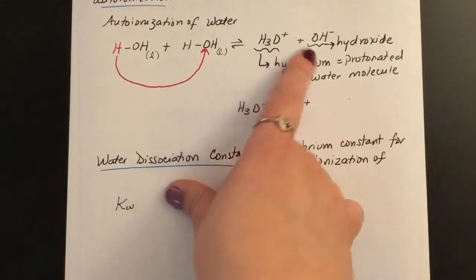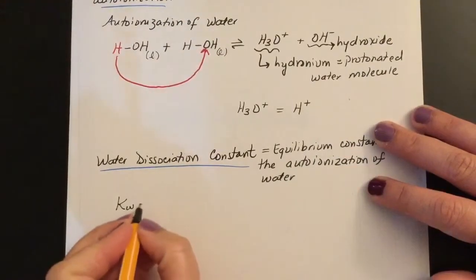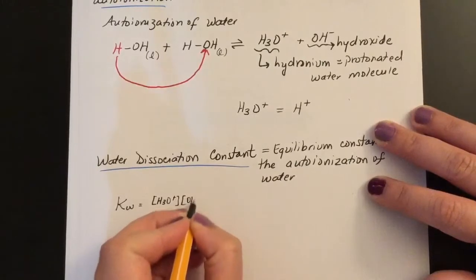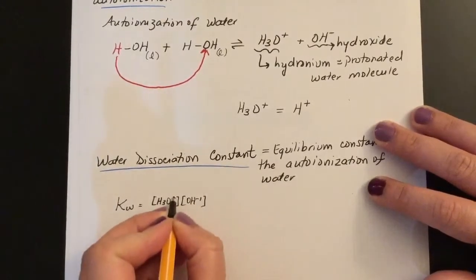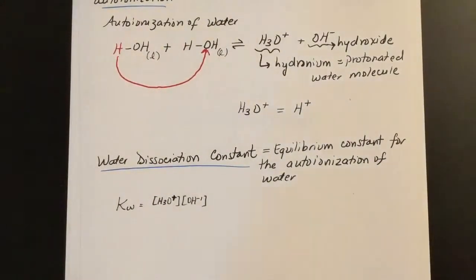You have your hydronium and your hydroxide ion. Those are the products, and then on your reactant part, what you have is pure liquid water, so we don't have to include those in our equilibrium constant expression. So your KW is the concentration of hydronium times the concentration of hydroxide.